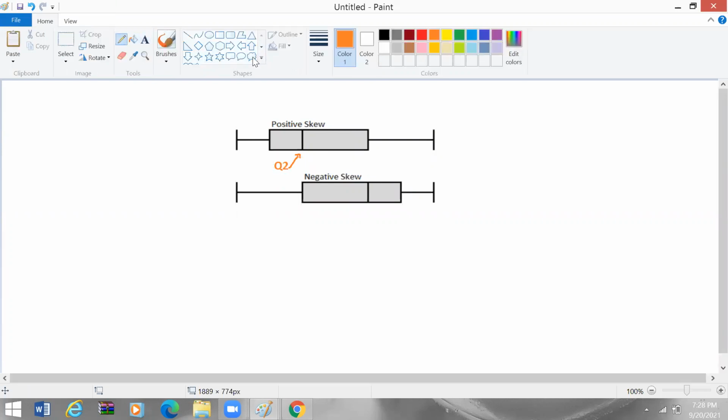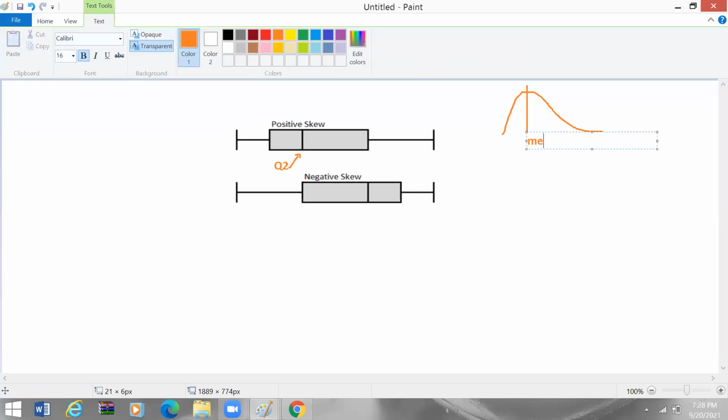Meaning that there will be more data focused on the left. Okay, there are more data focused on the left. So this is what we have for positive skew. So this is the median around this, or Q2. Any question?